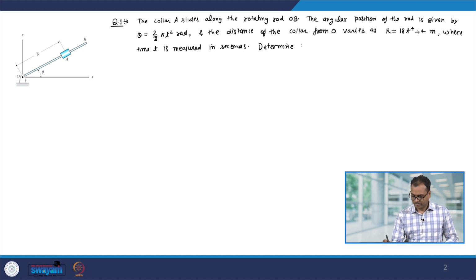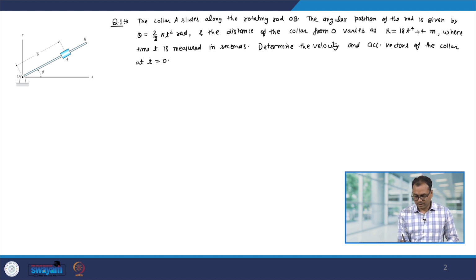Determine the velocity and acceleration vector of the collar at t equal to 0.5 second.